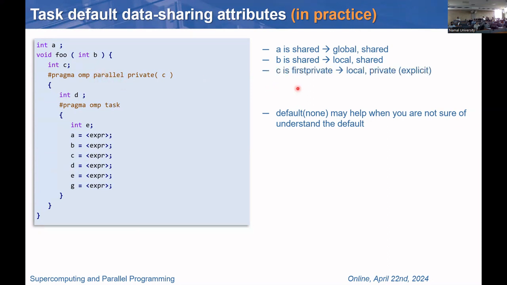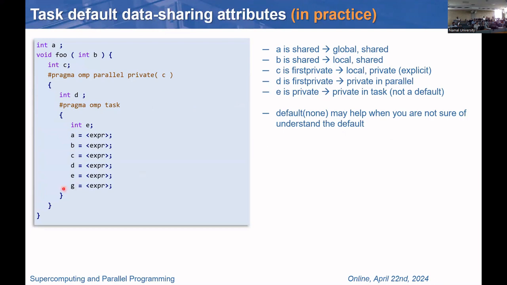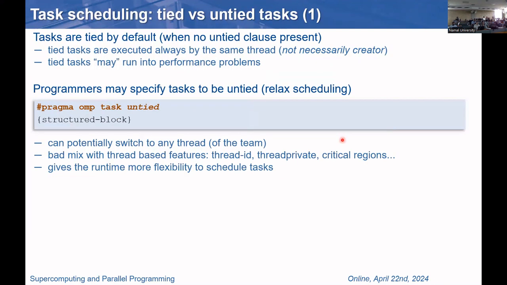C is firstprivate. It's private here, firstprivate on the task. D is firstprivate because it's private in the parallel. E is private because it is private in the task. Cannot be anything else. E. And for some reason there is no reference to G, which is actually an error.